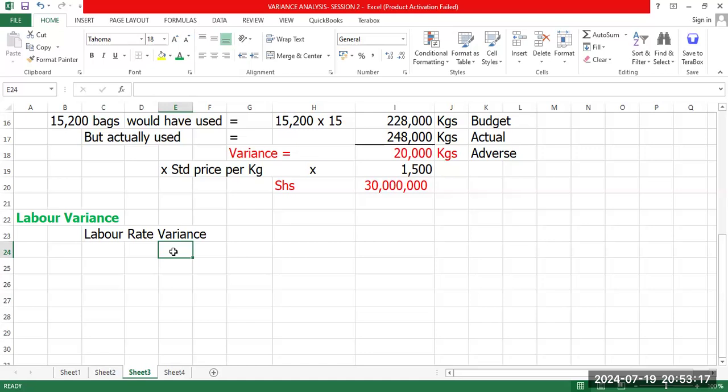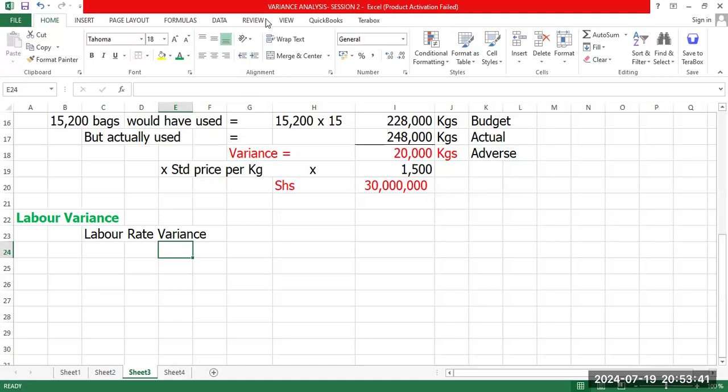The question would be, is that variance favorable to you or not? So in short, when you're trying to get labor rate variance, you need to ask yourself, as a company, you want to pay workers based on what? Is it based on output or is it based on time?